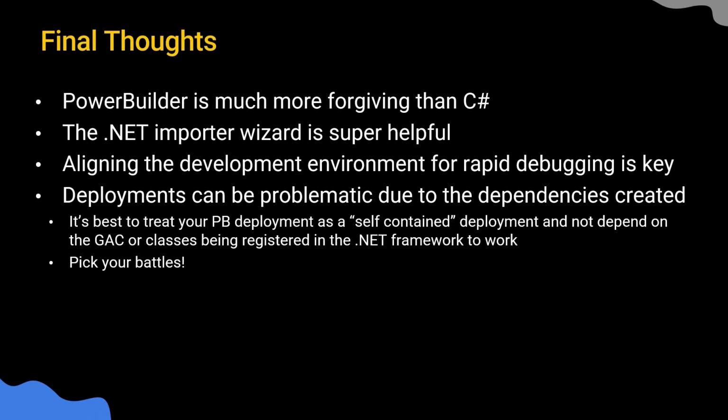Also, deployments can be problematic due to the myriad dependencies created, so we think it's best to treat your PowerBuilder deployment as what we call a self-contained deployment and not depend on anything in the .NET Framework Global Assembly Cache, or GAC, or any classes being registered in the .NET Framework in order to work. So be careful and pick your battles, but it's a winnable battle.